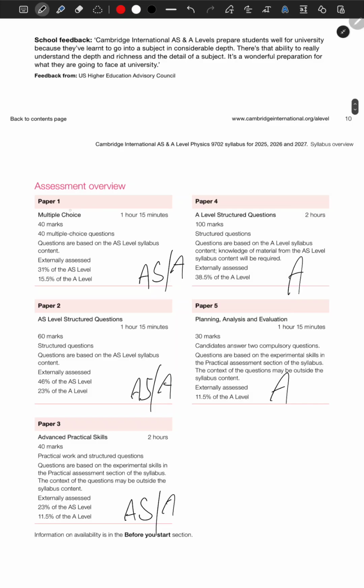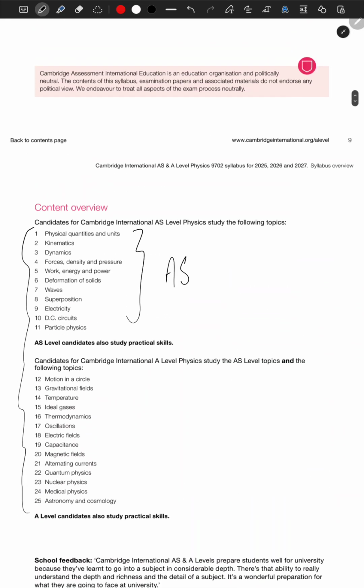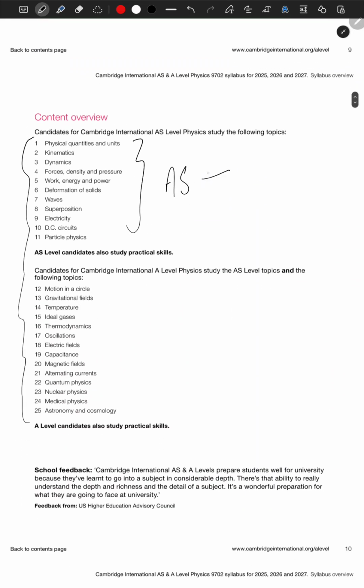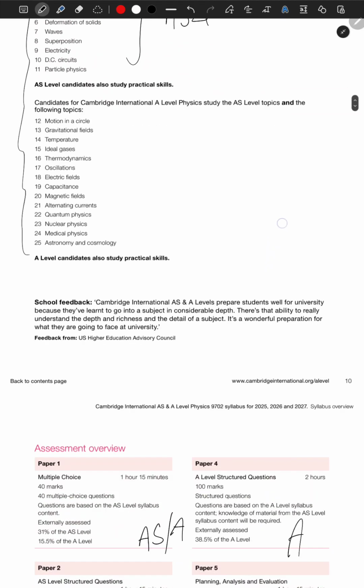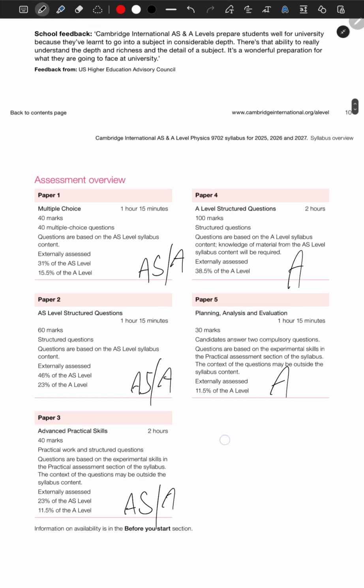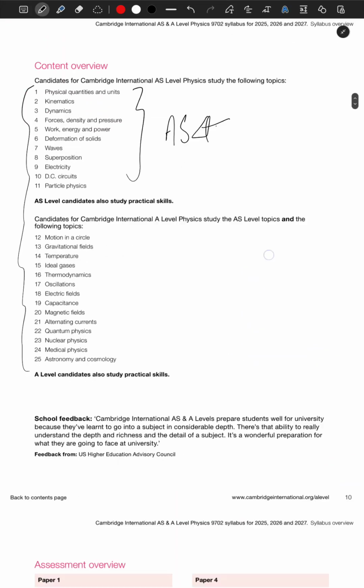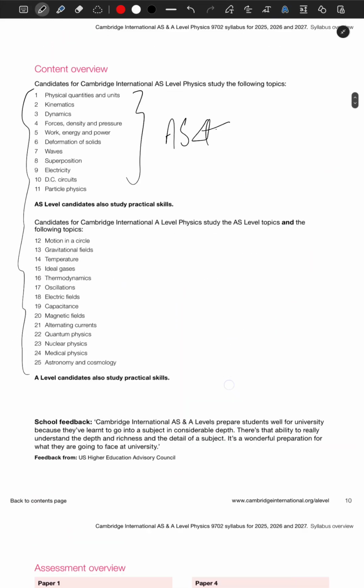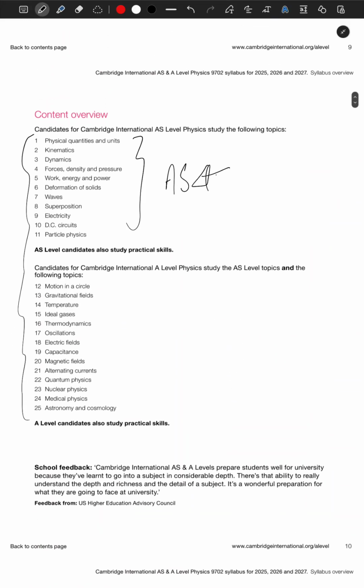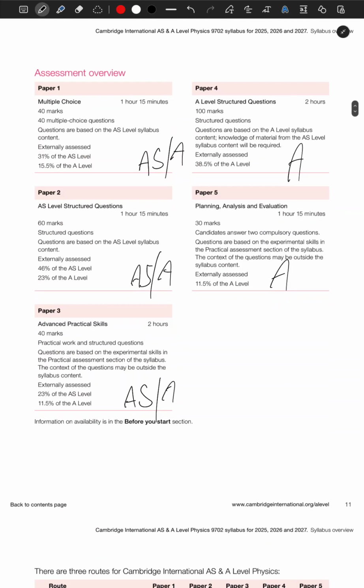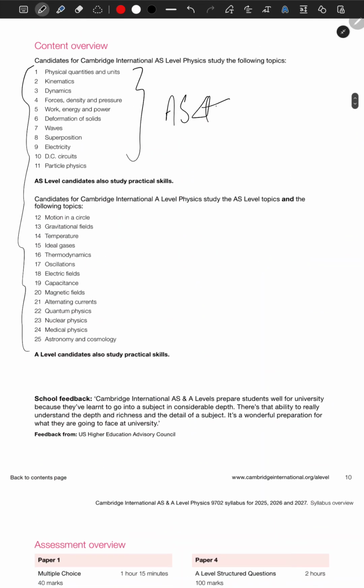For example, for paper 1, you need to study only the AS topics. For paper 2, of course, only the AS topics. For paper 3, only the AS topics, where you will be required to understand experimental skills, and it is a practical session.